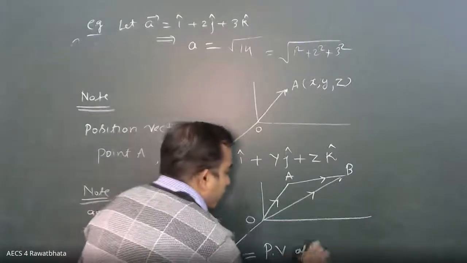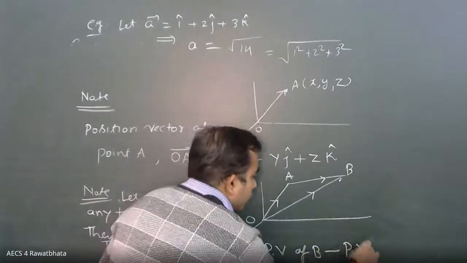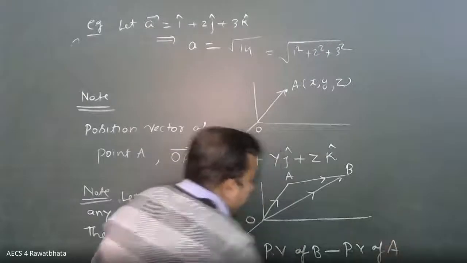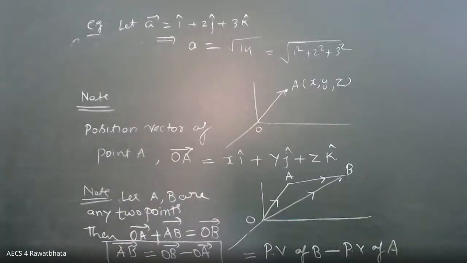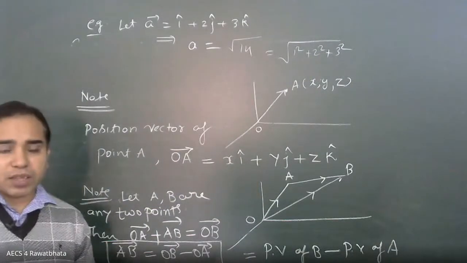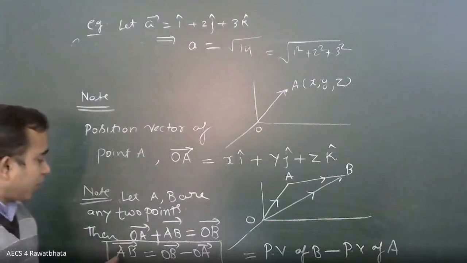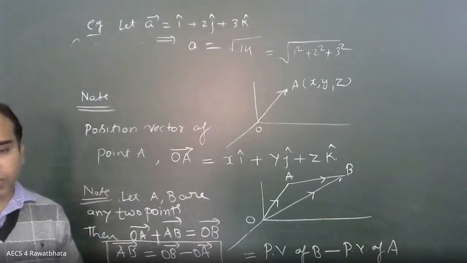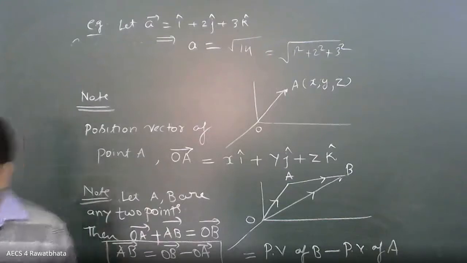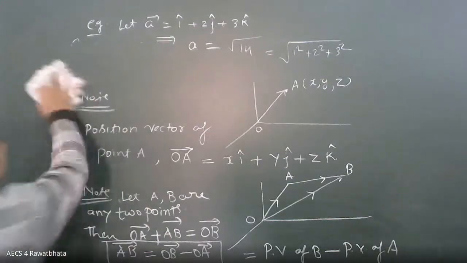So suppose the position vectors of 2 points are given, then the vector joining them you can find out.